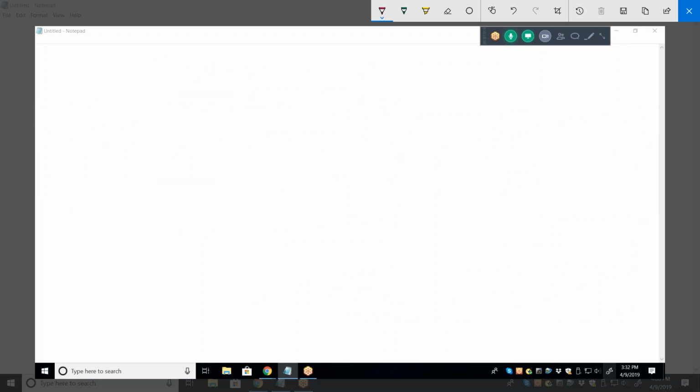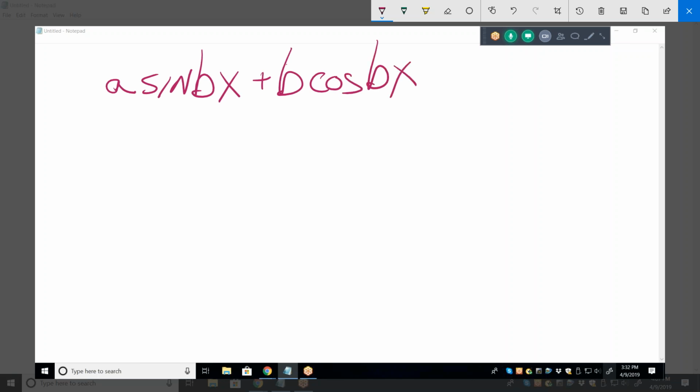Let me give you an example of something that they said. To write two functions as a single new function. Okay. They say that a times the sine of bx plus b cosine of bx equals k cosine of (bx minus theta).